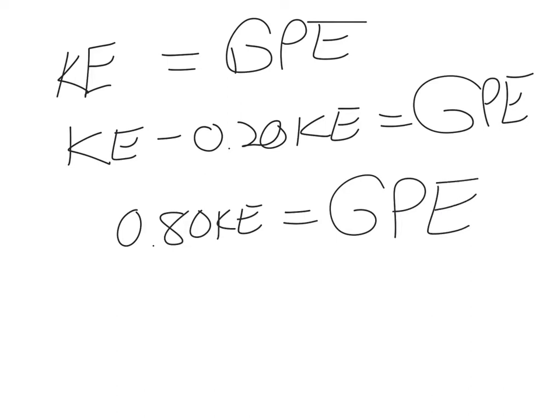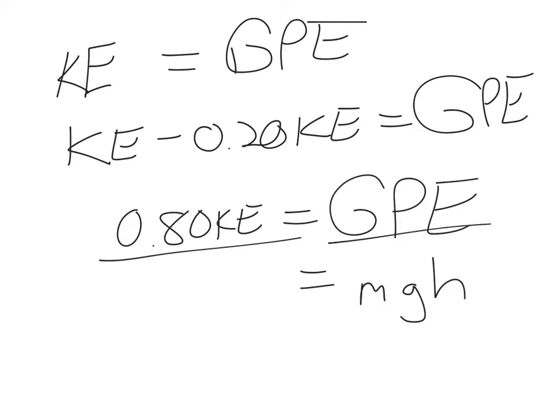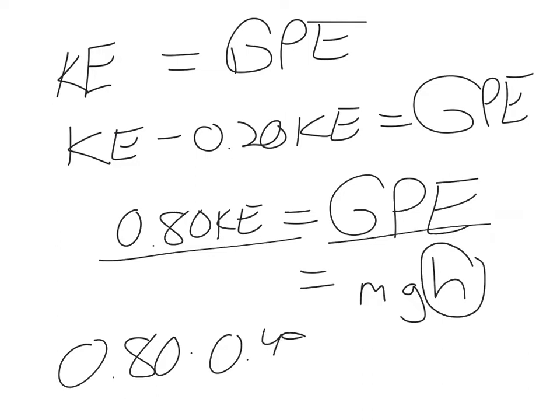Now let's look at gravitational potential energy. If I have 80% of that kinetic energy, I will also end up with 80% of my gravitational potential energy, and gravitational potential energy and height are linearly related. It's a 1-to-1. So I will just get 0.80 times 0.49.